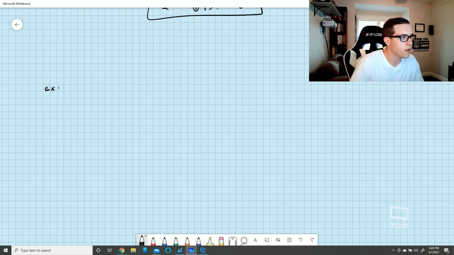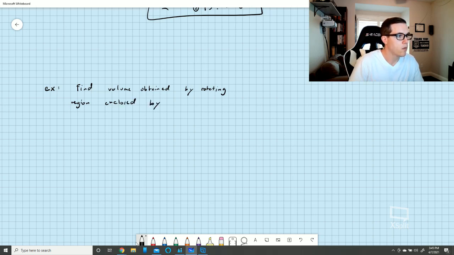So I'm just going to say: find the volume obtained by rotating the region enclosed by y equals 4, y equals x squared, and the y-axis about, and we're actually going to do 2 different problems, and that's what I mean.